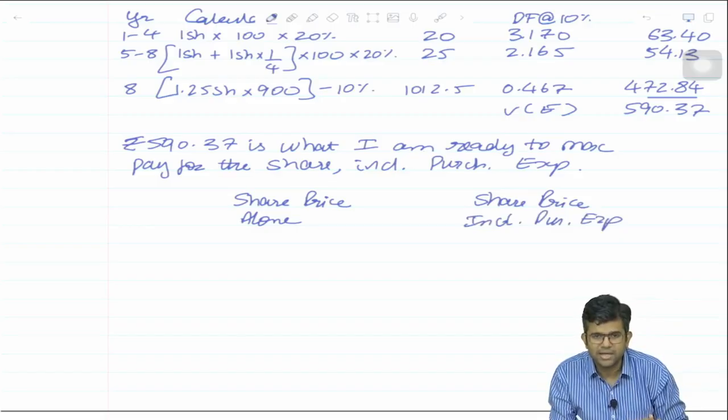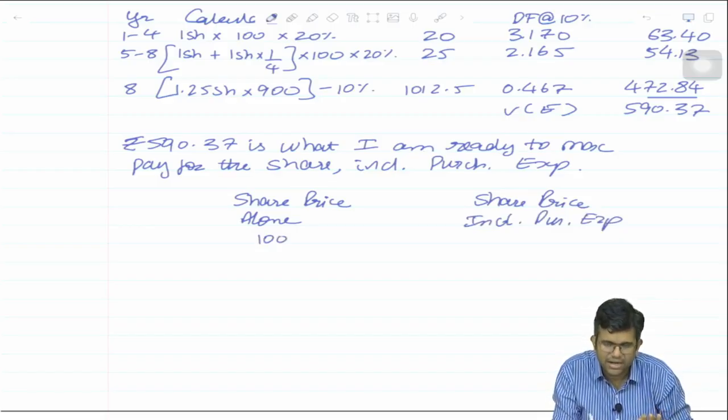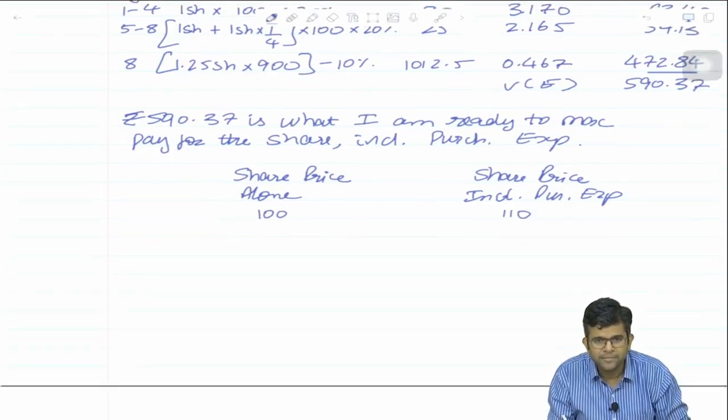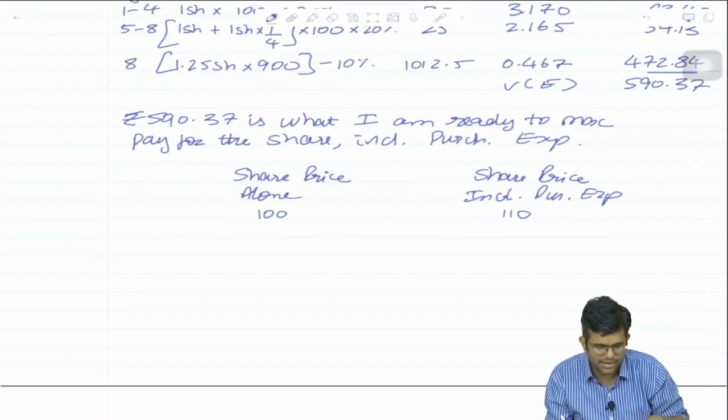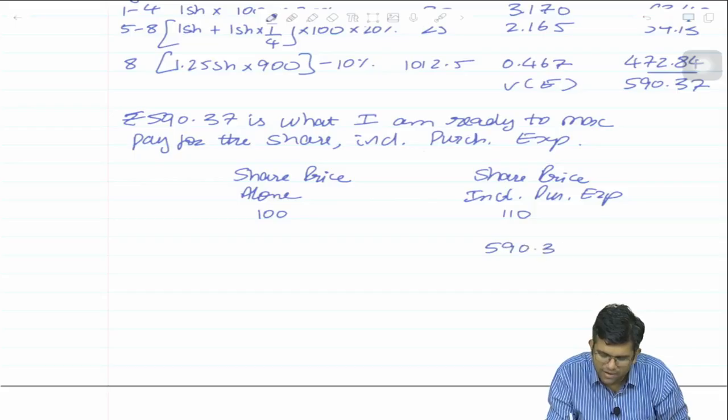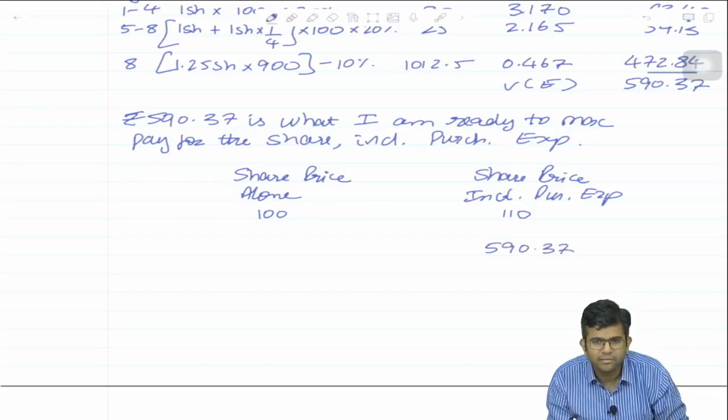Now students, if the share price is 100, can I say including purchase expenses are 110? Am I making sense? If the share price is 100, then including the purchase expenses it is 110. Including purchase expenses, I am willing to pay 590.37.